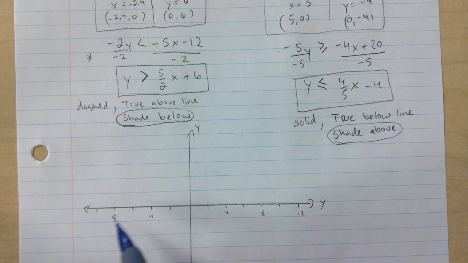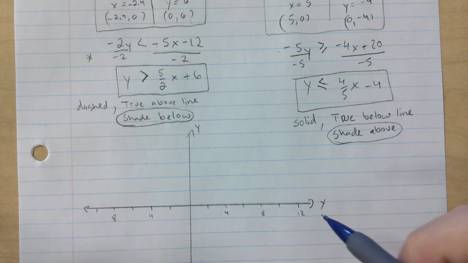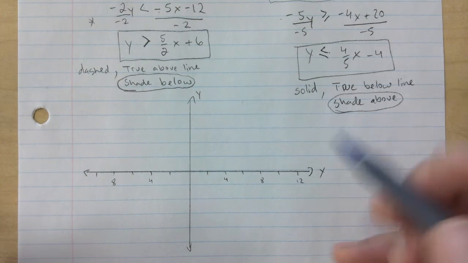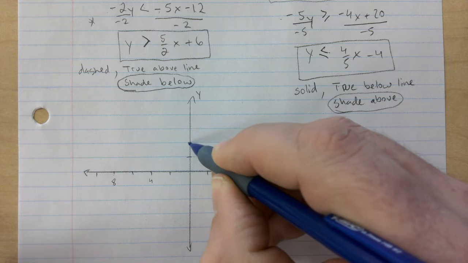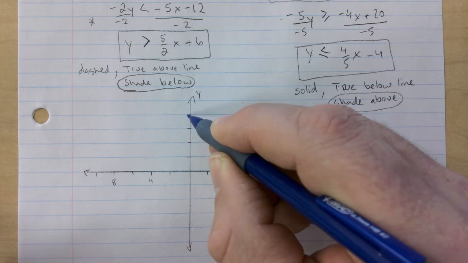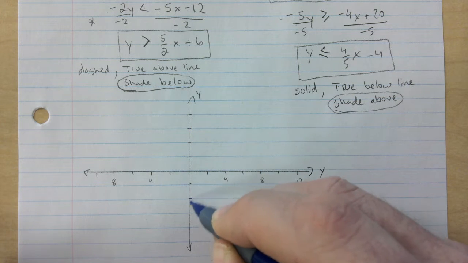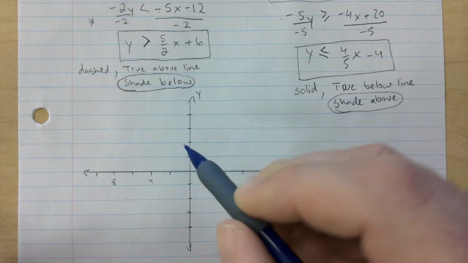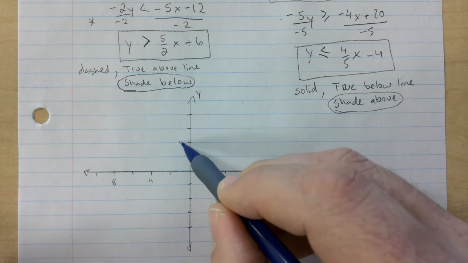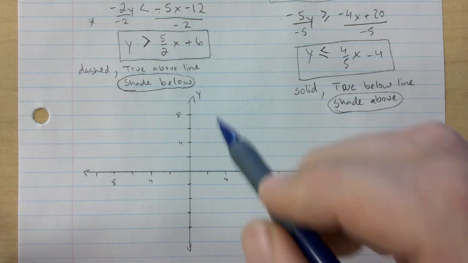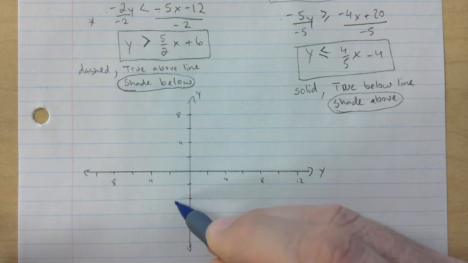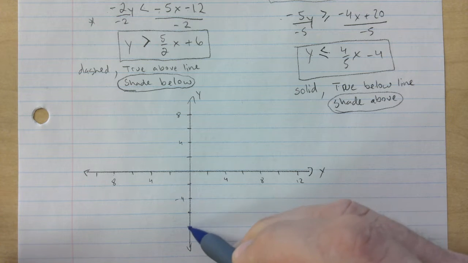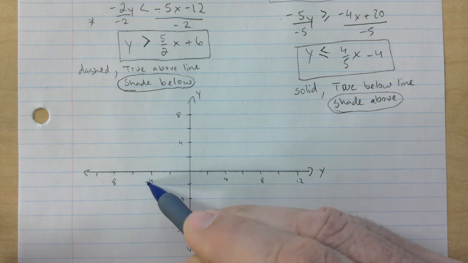If you just label every other one, you're still telling me that the scale is 2, right? I'm going to do the same thing going up and down. So 2, 4, 6, 8, negative 2, negative 4, negative 8. Oh, I forgot the negatives here.